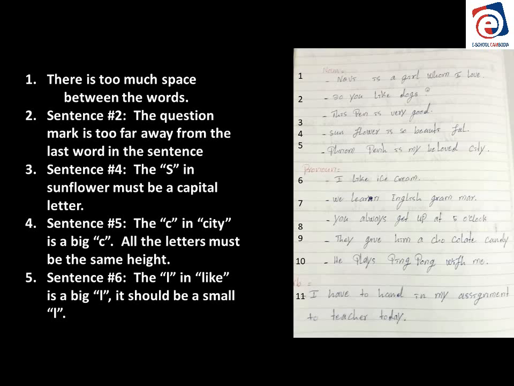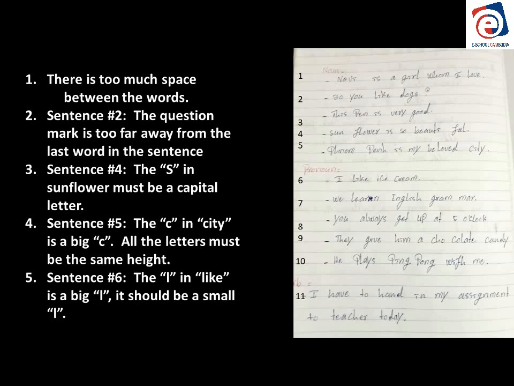Look at the example from one of my students. There is too much space between the words, you see? There's supposed to be one space between each word, but this student has 2, 3, or 4 spaces between each word. That's not how we write. We don't do it that way.